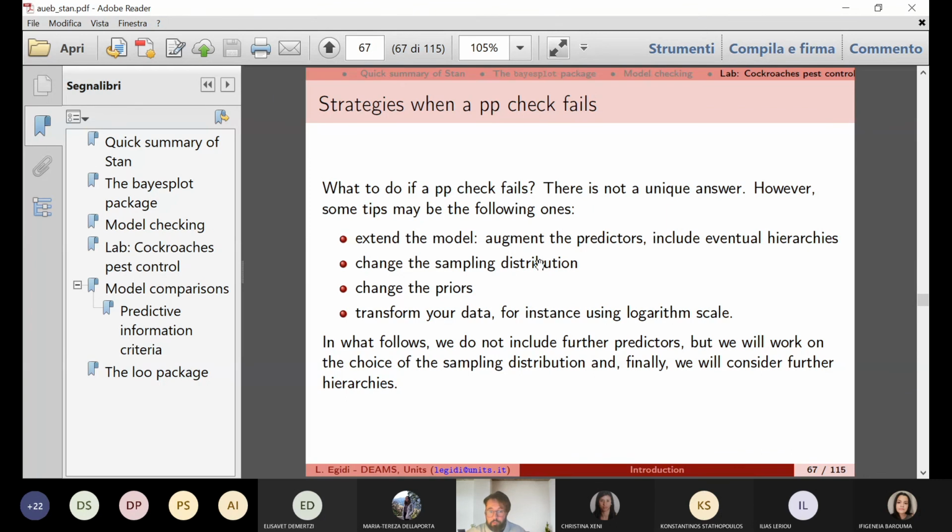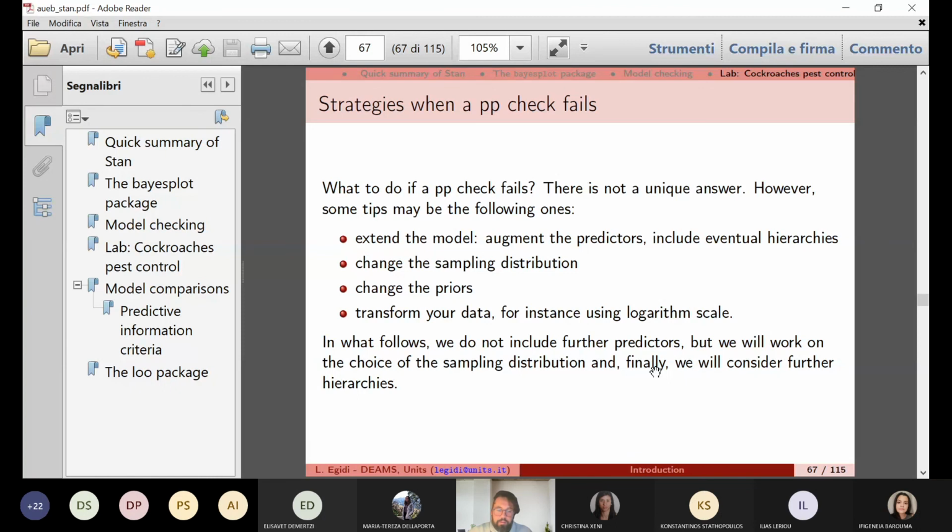However, we can do many things. We can extend the model by putting more covariates. I've already put the offset, and the situation has not improved so much. But I could include eventual hierarchies. I could change the sampling distribution. I could change the prior. I could transform my data. So basically, in what follows, we do not include further predictors beyond those that I explained so far, but we will work on the choice of the sampling distribution, so not Poisson anymore, and finally, we will also be considering some hierarchies.